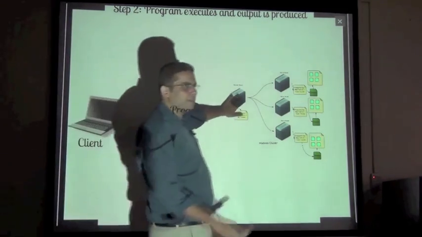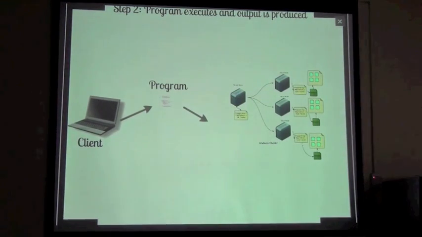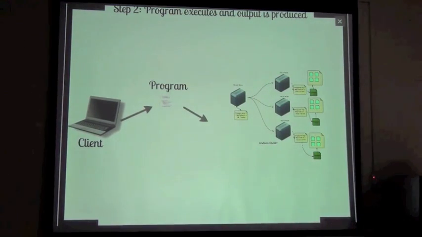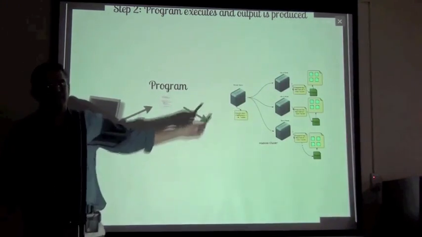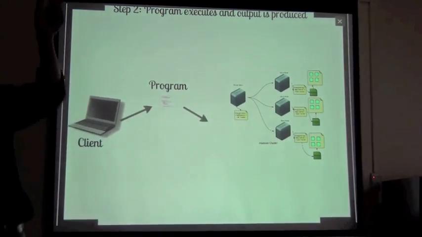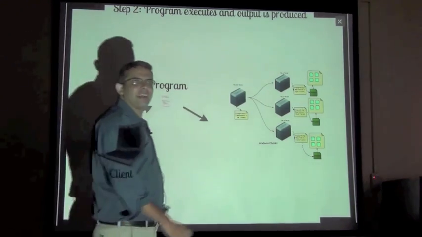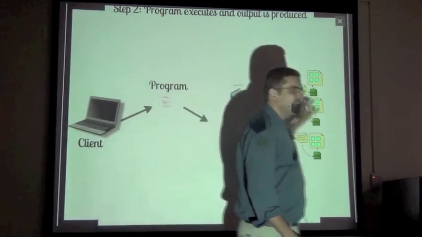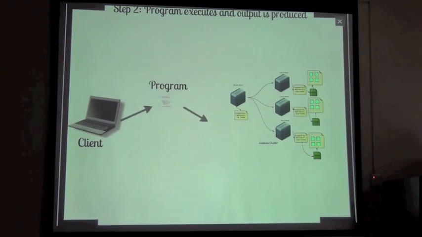This guy in some magical way will put the data, and then run the programs on top of it. Got it? But there's a very interesting point that came in. All the data need not go via this guy. He will just tell you this is where you should go and put the data, and the client, the laptop, will automatically talk to the data node and put the data. So the master is not a bottleneck. Clear?